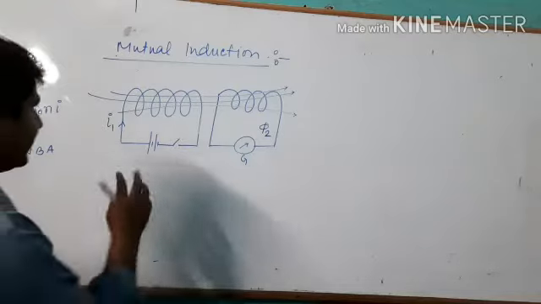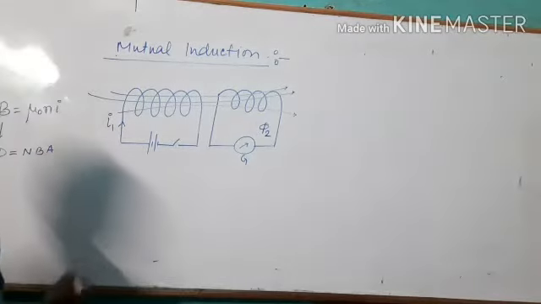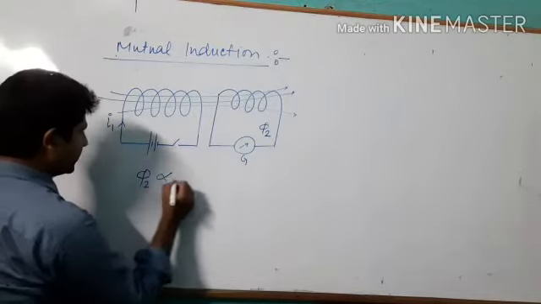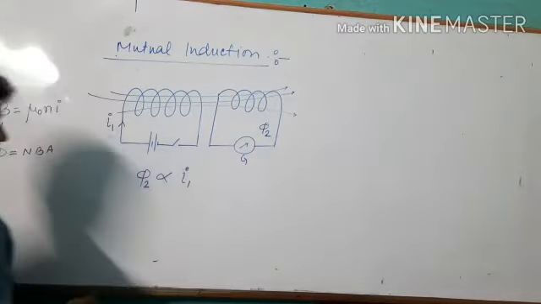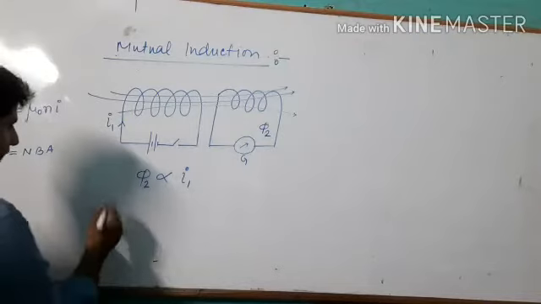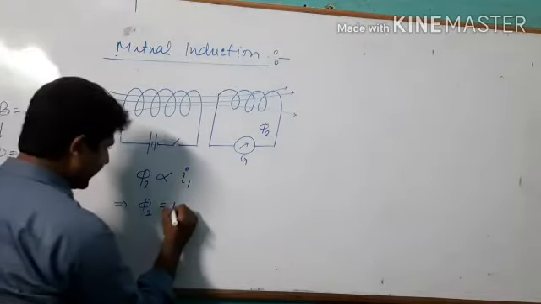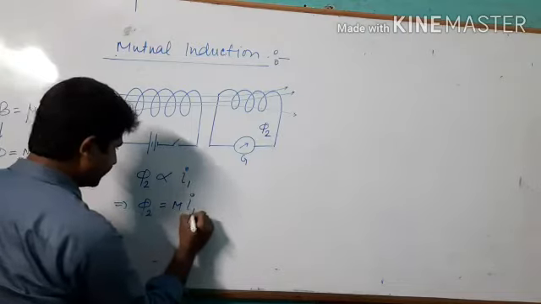So for this we can write that phi 2 is proportional to I1. Now if we remove this proportional sign, then we have to take a constant. So this constant is M, so phi 2 equals M into I1.